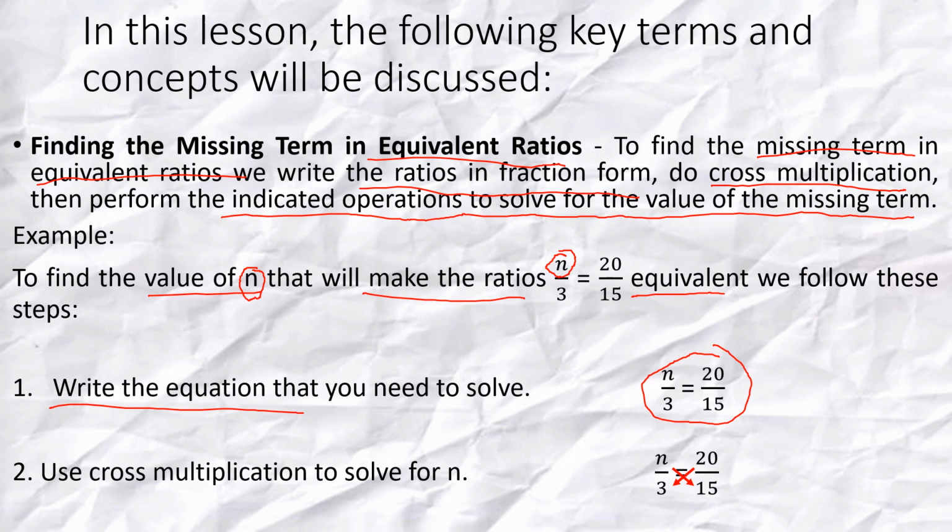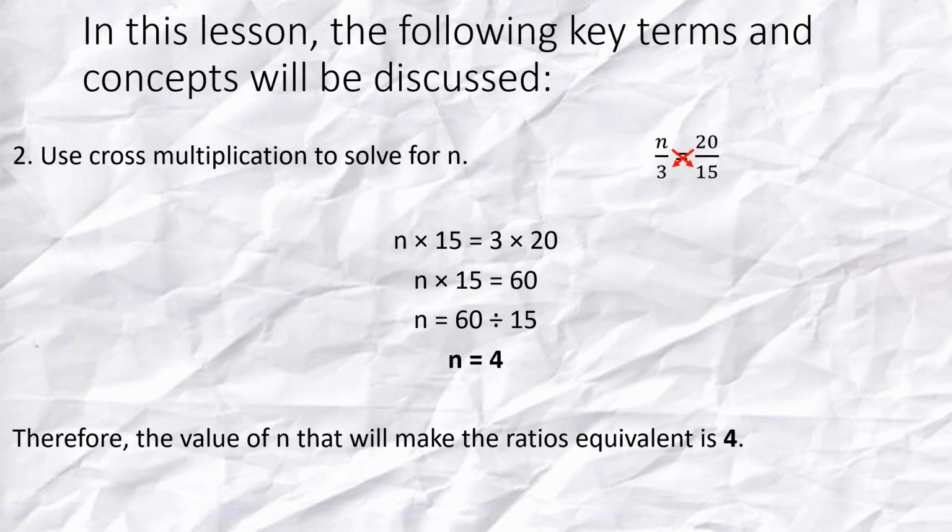After writing them, we use cross multiplication to solve for the value of n. So we multiply n to 15 and 3 to 20. So it will be n times 15 equals 3 times 20.